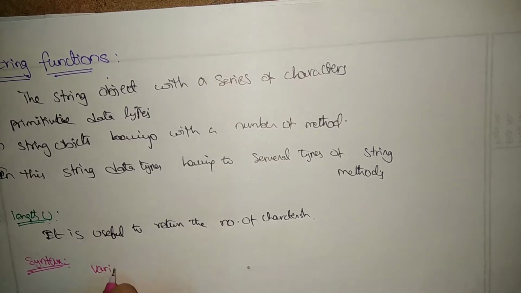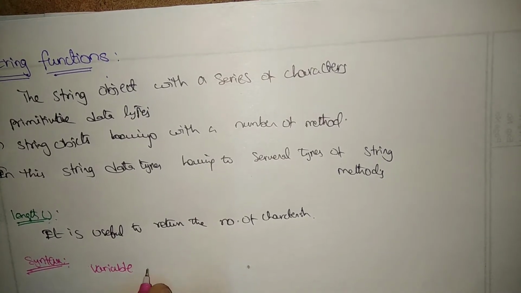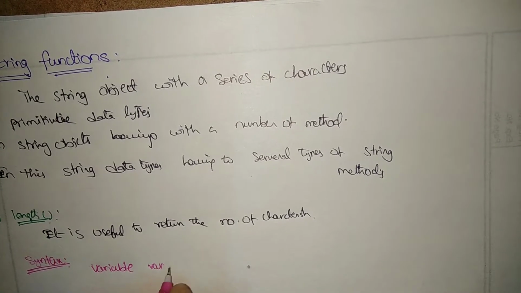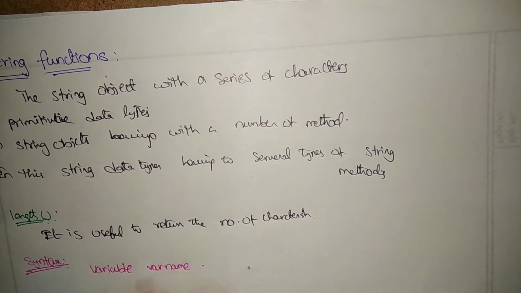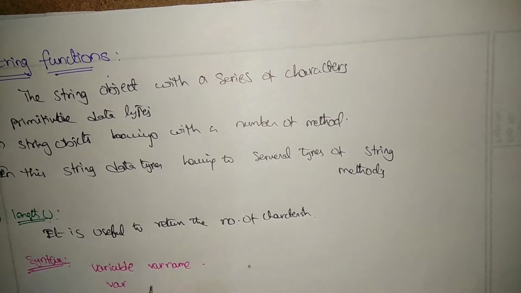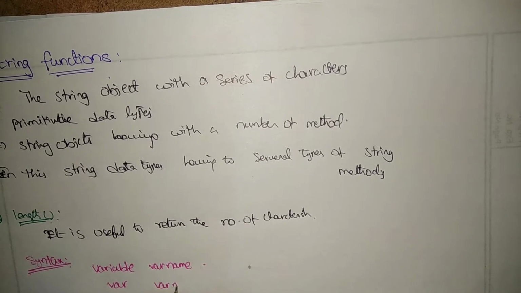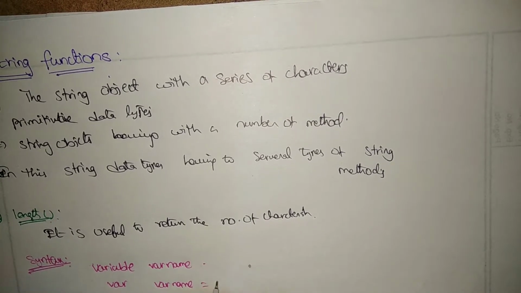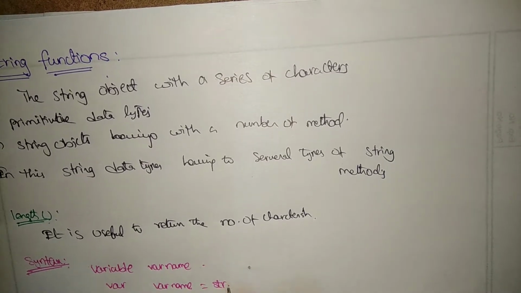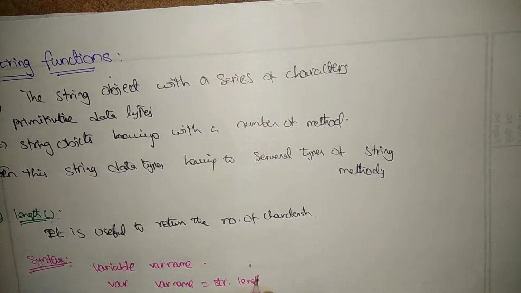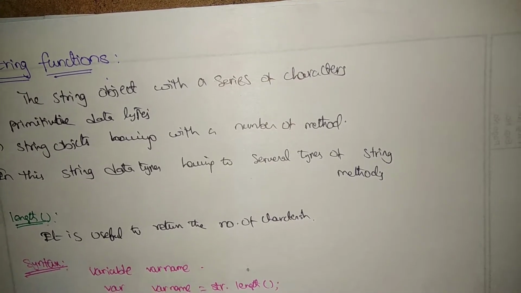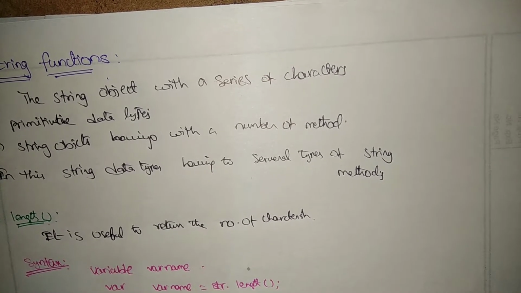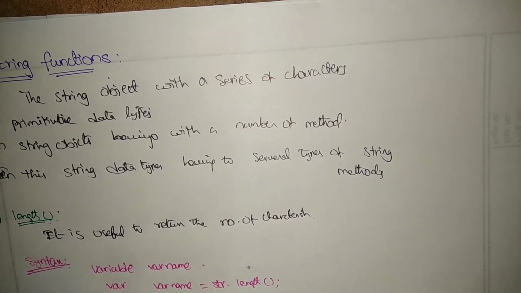Variable name equal to string dot length. Here the string is assigned. Let me give an example. Here str equal to Raju.